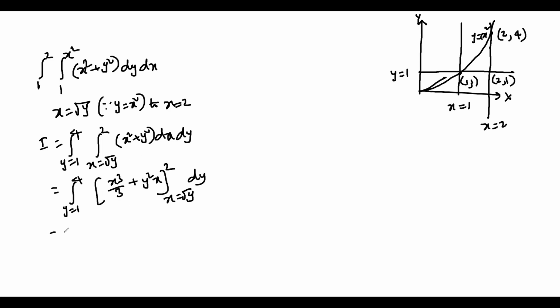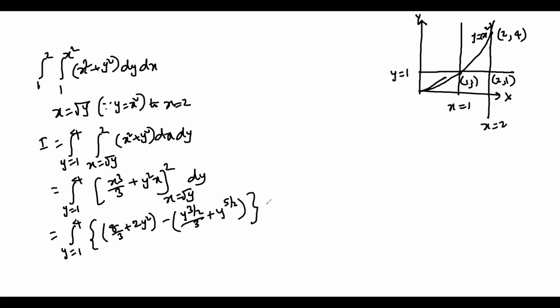Now integral y is equal to 1 to 4. Substitute it, 8 by 3 plus 2y square minus y power 3 by 2 by 3 plus y power 5 by 2 into dy.